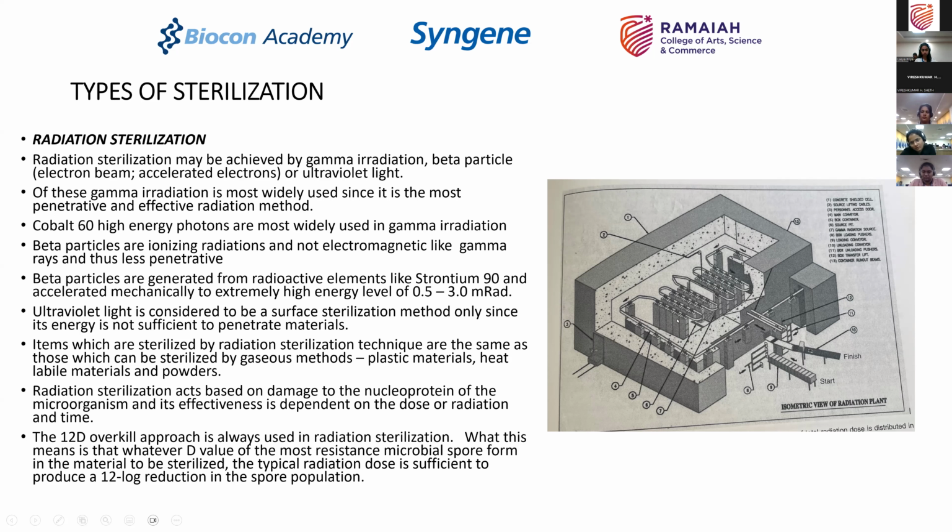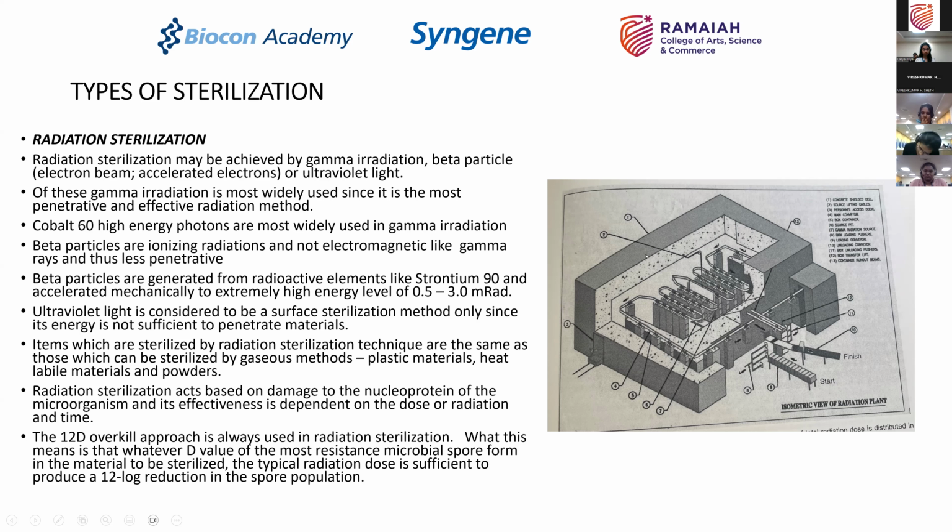So there is electromagnetic radiation created between the two sections while the material is passing through. It keeps going back and forth, and then at the end it comes out as the final product. By determining the length of the chamber and the number of times the material gets exposed to the gamma radiation, you are achieving a 12D kill approach.